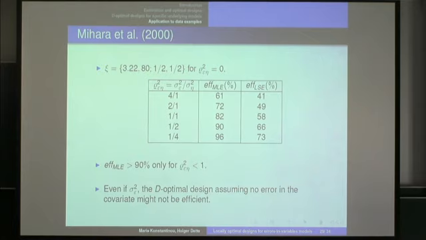So just by assuming that sigma epsilon square is small doesn't necessarily mean that the design will be efficient, because here in the case of rho equals 1, so we have a small error in the covariate and an equally small error in the response, still the design is not efficient.